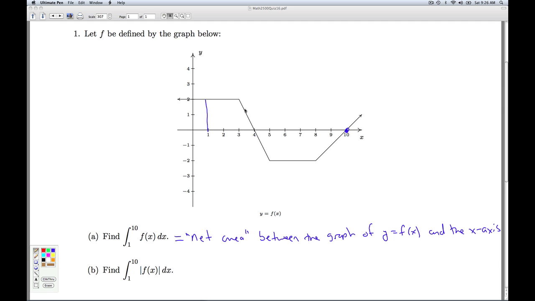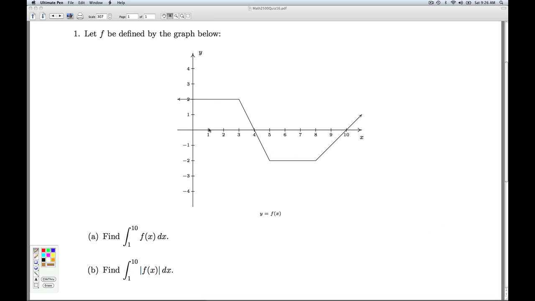Well, if I look at the area of this geometric shape between the graph of f of x and the x-axis, and call that A1, and then I look to where the function dips below the x-axis, and I look at the area of this geometric object, say I call that A2, then the integral from 1 to 10 of f of x dx is going to be A1 minus A2. So that's the net area: the area above the x-axis minus the area below the x-axis.